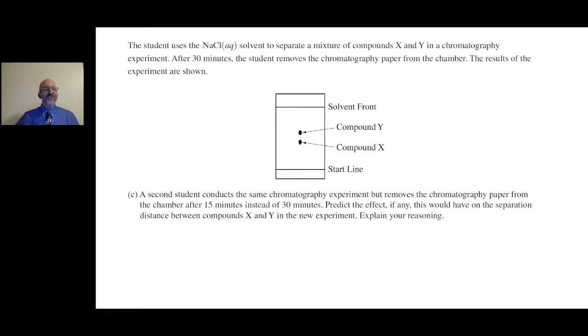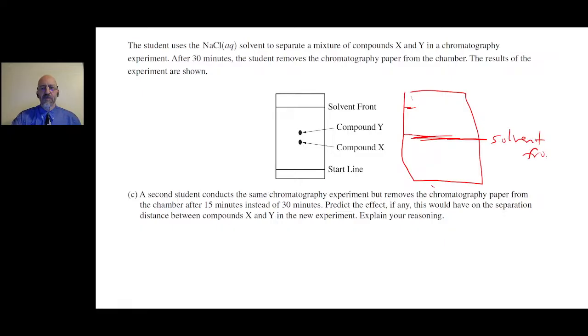And then the last part, chromatography. A second student conducts the same chromatography experiment that we're seeing here, but they remove it after 15 minutes instead of after 30 minutes. So if you run this experiment again, the solvent front would not be here. It might be like right here. If you're stopping it early, this is the solvent front.